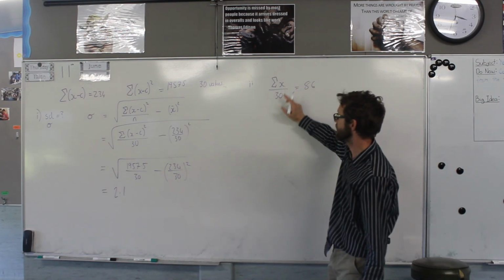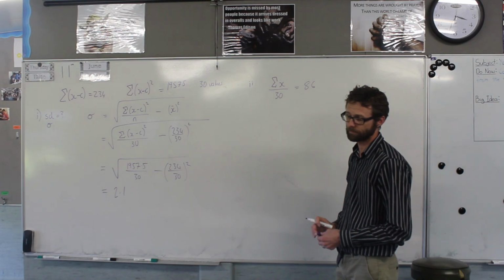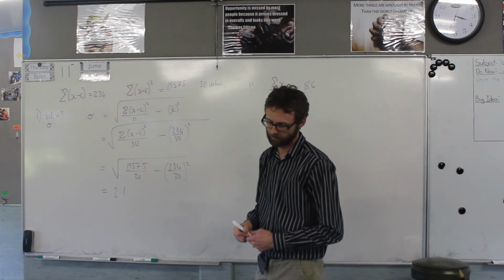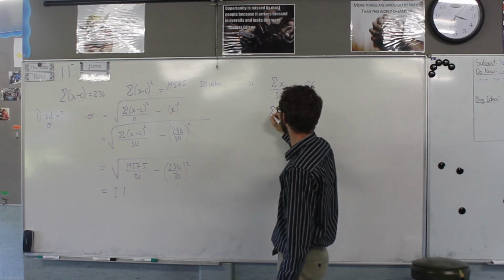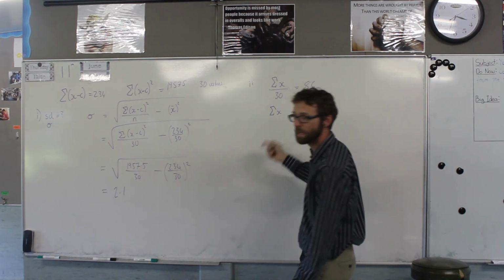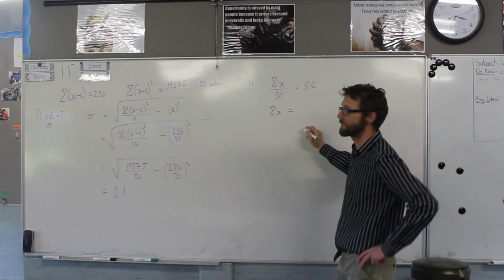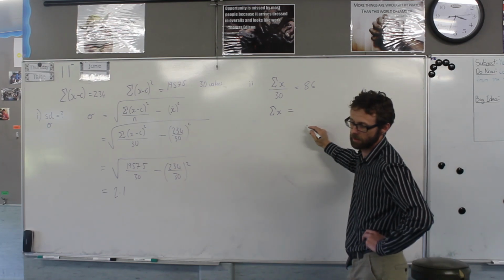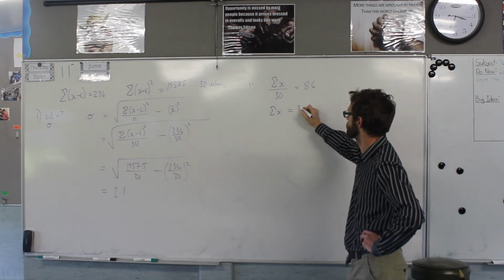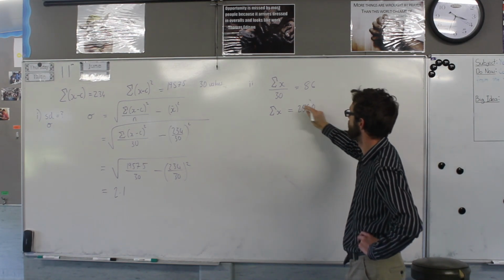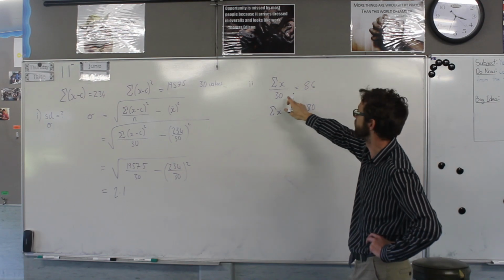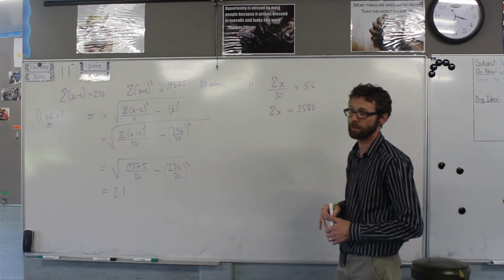So I've said the sum of x divided by 30 is 86. And therefore, the sum of all of my x values must be 2,580. I've just multiplied both sides by 30 to find the sum of x.